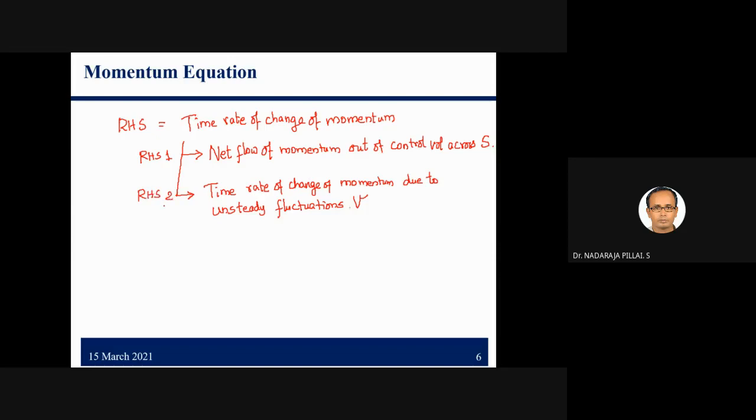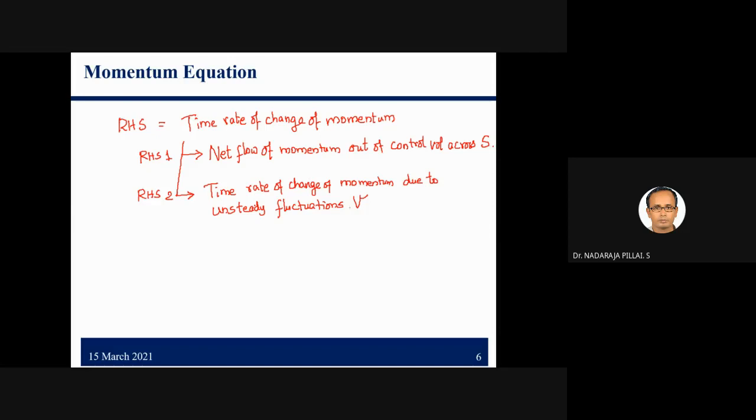Right? So now let us start with the net flow of momentum out of the control volume across S, right? So it means the flow has certain momentum when it enters into the control volume, and it has a different momentum when it leaves the control volume, right?